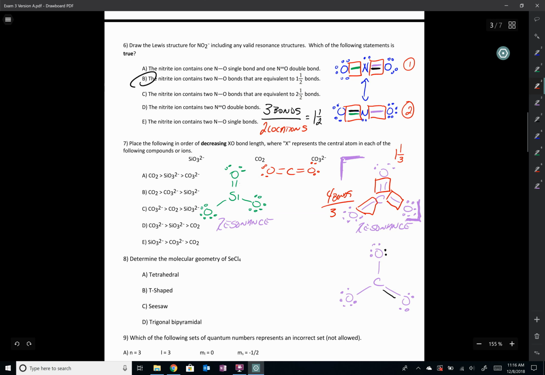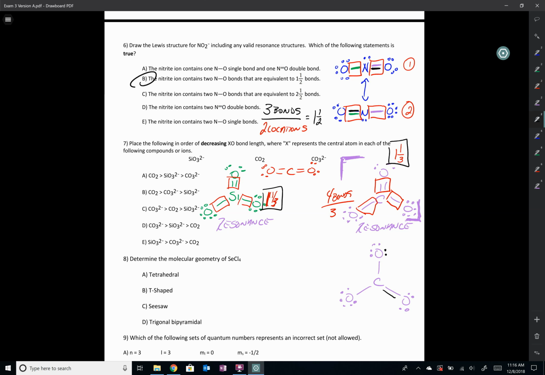If we go over here, we can draw 3 resonance structures because we have 3 equivalent oxygens. And again, we have 1 1/3 bonds. So 1 1/3 bonds here, 1 1/3 bonds here.